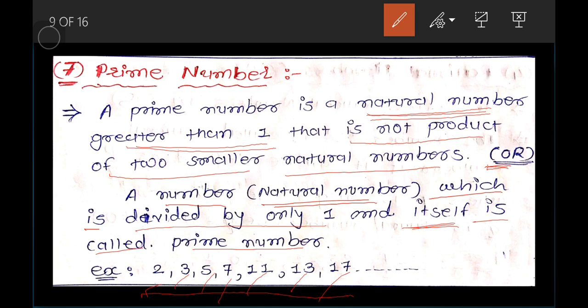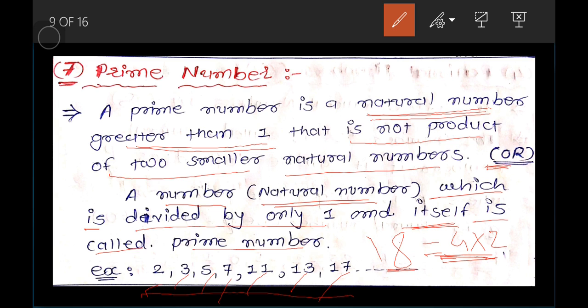As you can see, 8 is equal to 4 into 2, and 2 and 4 are natural numbers, so you can write 8 as the product of two natural numbers.